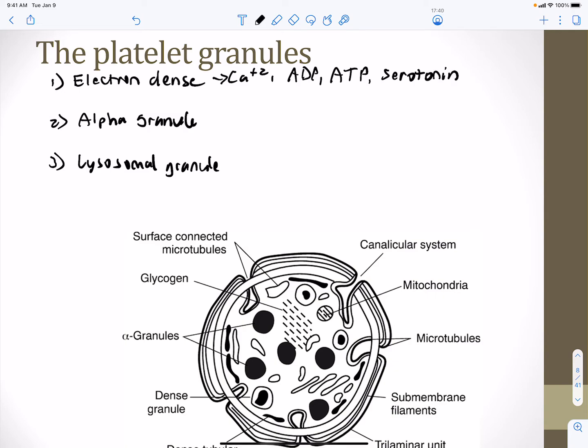And so you're going to find that a lot of the things that the platelet secretes, it's going to actually have receptors. So it's almost like an autocrine type of interaction between the granules and activation of the platelet. The alpha granule is going to have heparin antagonists.